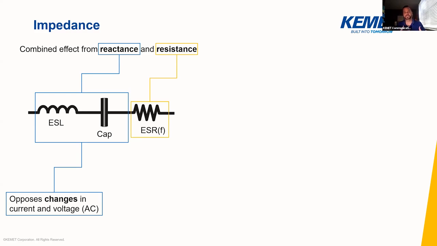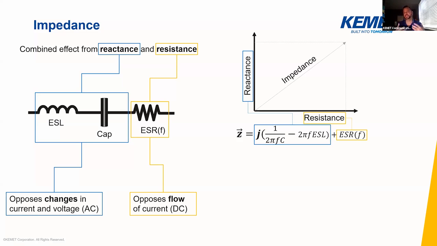Then the resistance, which comes from the ESR, is an opposition to the flow of DC current. So you can think of the resistive portion of impedance as affecting the DC portion of a signal. And then impedance is a complex number. That simply means that it can be represented as a vector.